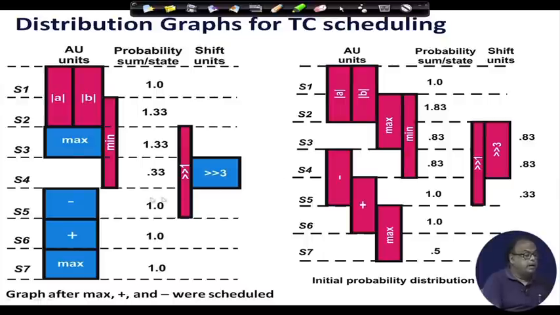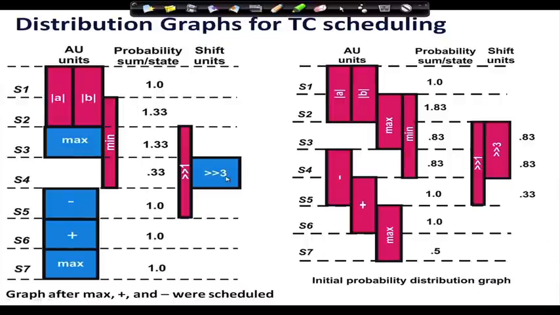Therefore, I have to schedule shift before this subtraction. As soon as this has been done, this will actually apply a force to this, that okay, you now come. So, therefore, this has to be scheduled at this step.